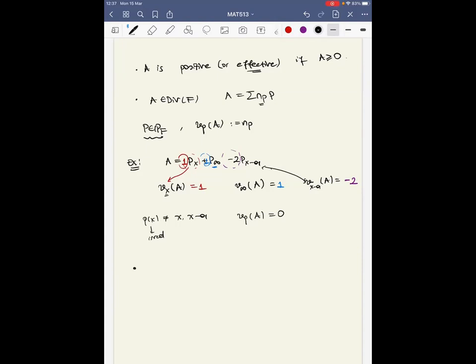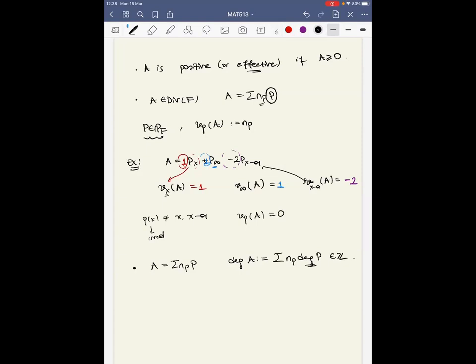And depending on the degrees of the places in the representation of a divisor, we will introduce the degree of a divisor as the sum of the products of the non-zero coefficients and the degrees of the corresponding places.